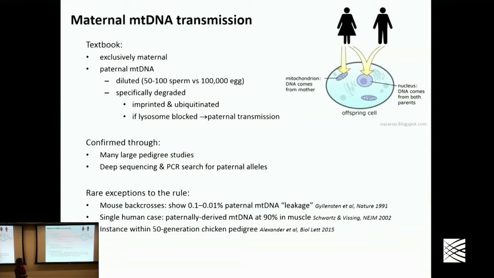There's been a single human case where they see paternal mtDNA molecules that are at 90% in the muscle of the affected child. And that was such an exciting finding that one case was published in the New England Journal of Medicine. And in a 50-generation chicken pedigree, they found one case. So those are the exceptions, but pretty much there is uniparental maternal transmission of the mitochondrial genome.